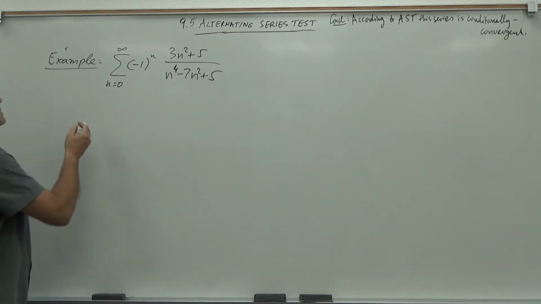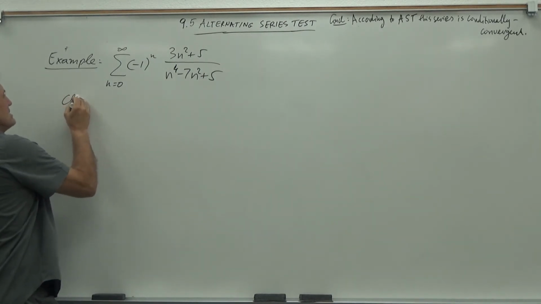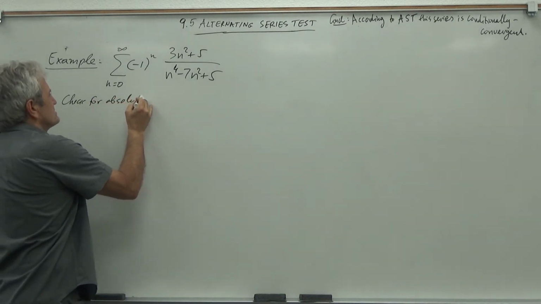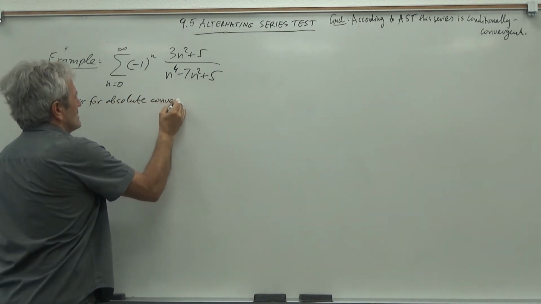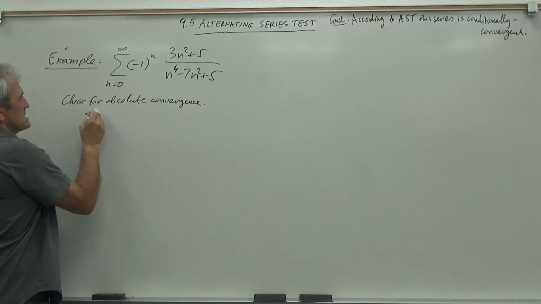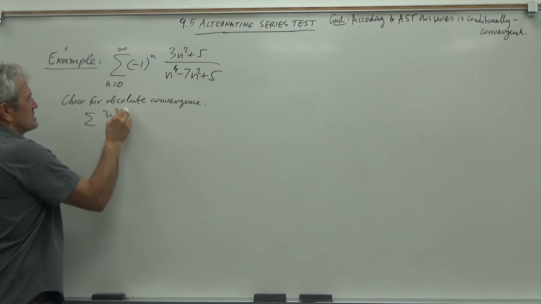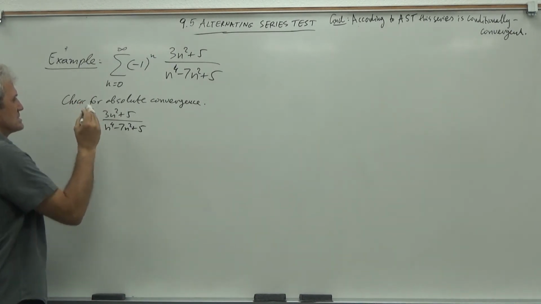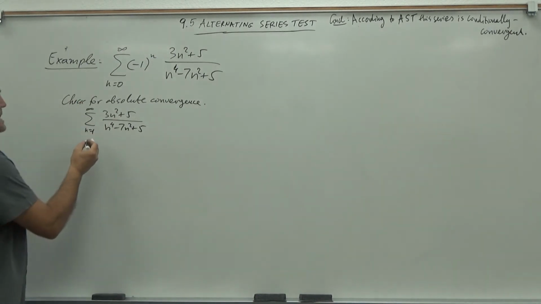So what are we going to do? First, check for absolute convergence. So we are checking the sum of (3n squared plus 5) over (n to the 4th minus 7n squared plus 5), from n equals 0.